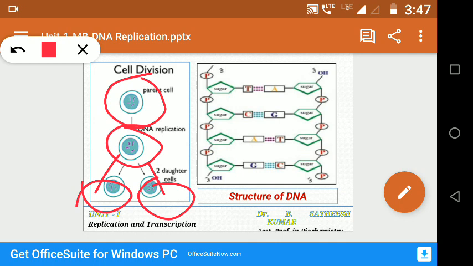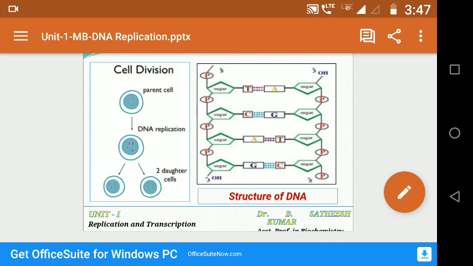So one DNA becomes two DNA, then only the cell will be divided into two daughter cells. For cell division to occur, the DNA replication process is very, very important. DNA replication is nothing but preparation of another copy of an already existing DNA molecule.